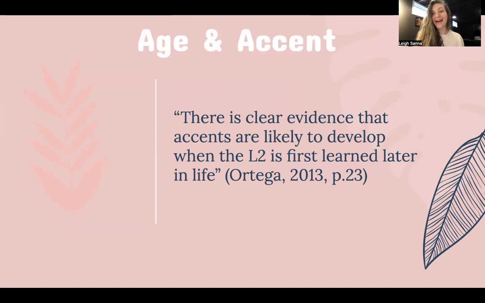An accent that's not matching the language they speak? And when did they start learning that language? And do you know anyone who speaks two or more languages who does not have an accent when they speak that language? You can't detect that they're not native. And at what age did that person start learning that language? It's something to think about.